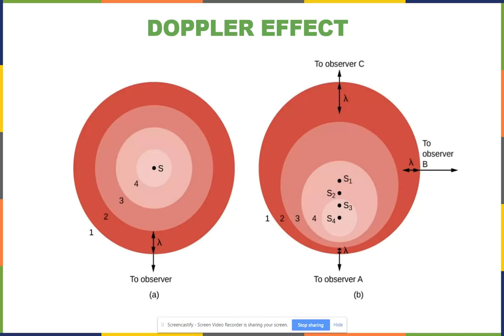Final thing is the Doppler effect. You can see in these pictures, in the picture on the left, you have a stationary source giving off waves, and the waves are traveling at a constant speed.